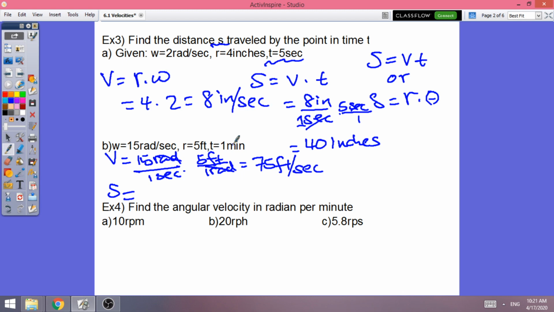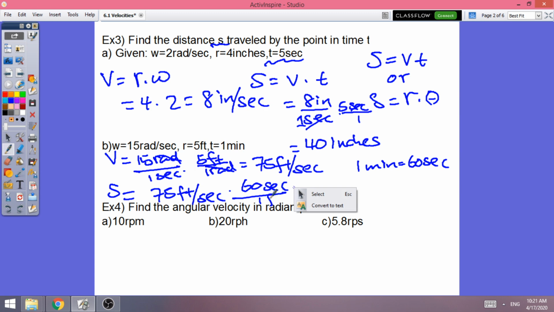So the time we have is 1 minute. So 75 feet per second, and 1 minute equals 60 seconds. So we need to multiply the time. Make sure that you convert that to the same unit. So multiply this one by 60 seconds. Okay, so cross cancel out the unit.